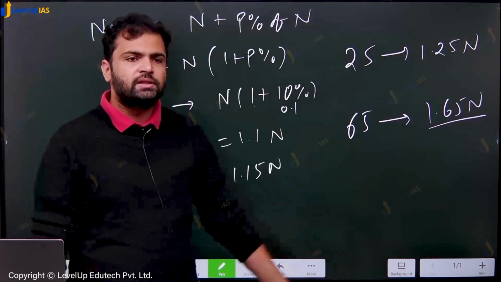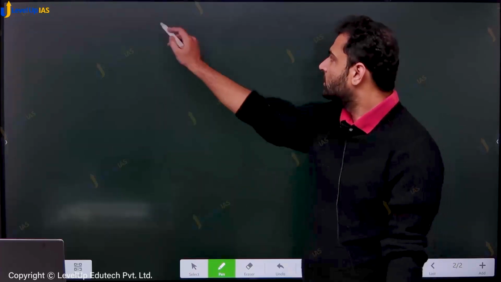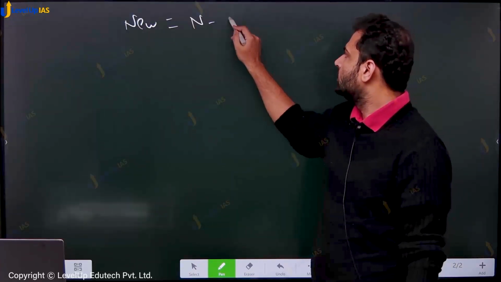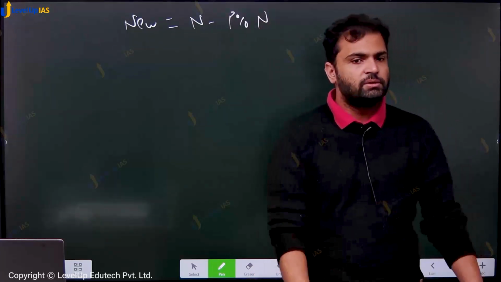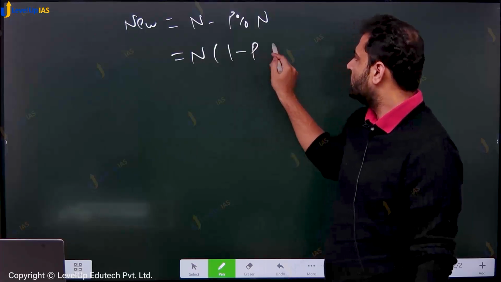Similarly, if you want to decrease the number by a certain given percentage, the new number becomes the old number minus p% of the old number. Again, we can take n as common and write it as n times 1 minus p%.